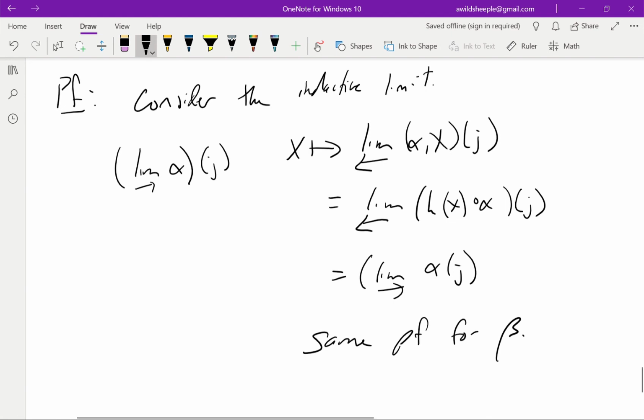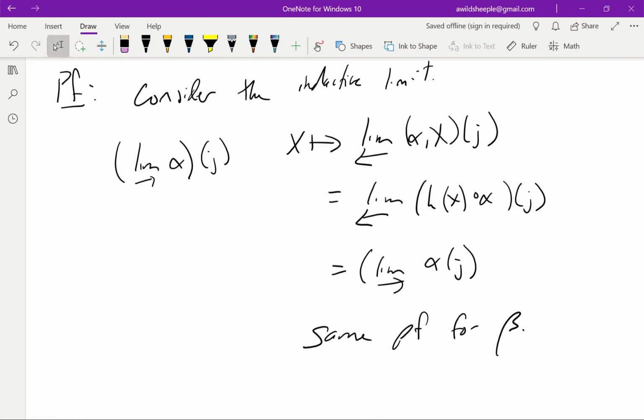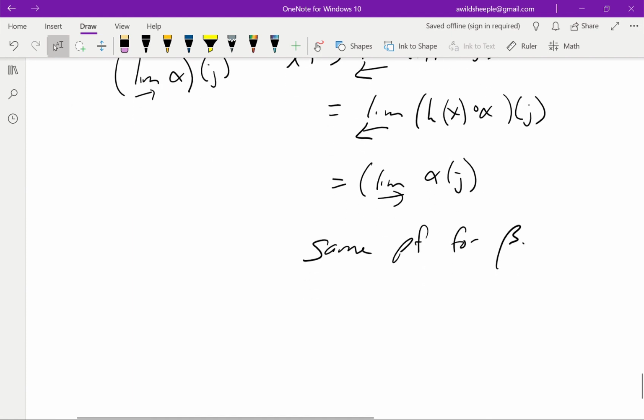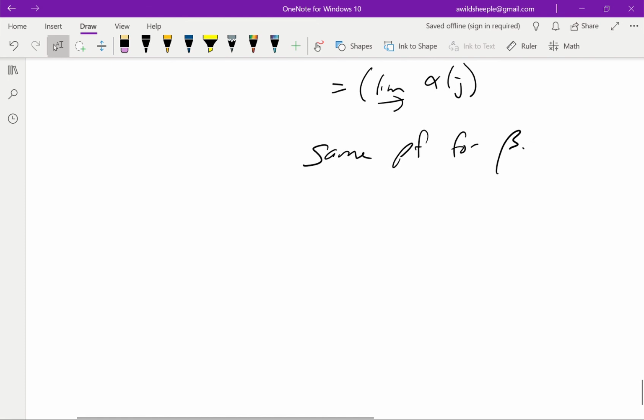The next thing is Kashiwara and Shapira upgrade this to bifunctors, which is a thing that they say that we might need, so we'll state it, but it's not tremendously difficult.